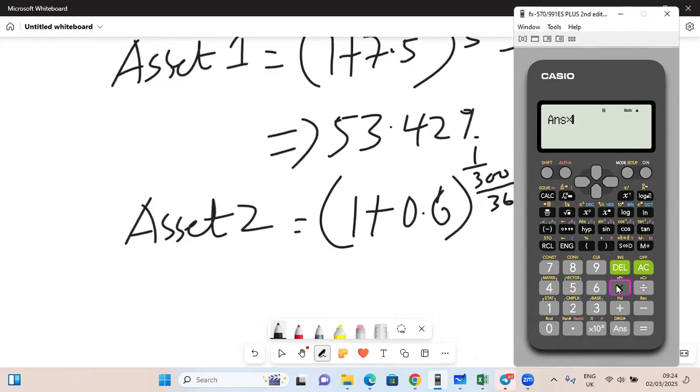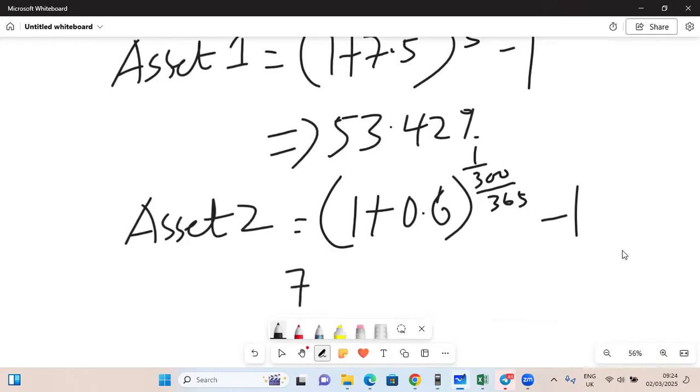So if you don't want to leave it there, you multiply by 100. Then you get 7.15%.